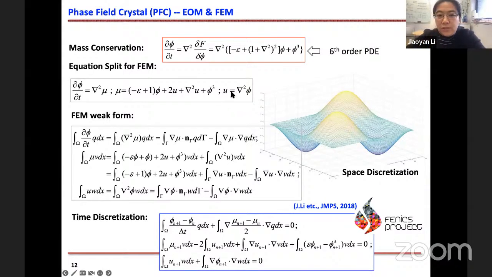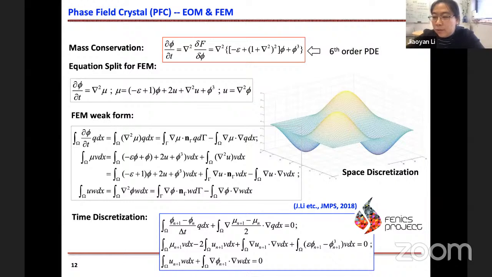By introducing new variables, we can do that. As you can see here, the equation is split so that we can apply the finite element technique for the numerical discretization. We also want to apply the periodic boundary, so that the surface and edge terms vanish, which facilitates our numerical investigation.